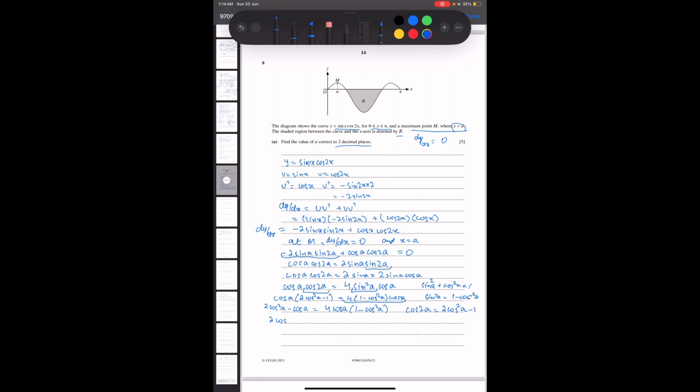So 2 cos cubed a minus cos a is equal to 4 cos a minus 4 cos cubed a. And I'll take these terms to this side. So this becomes 2 cos cubed a minus cos a minus 4 cos a plus 4 cos cubed a is equal to 0. So then it becomes 6 cos cubed a minus 5 cos a is equal to 0.